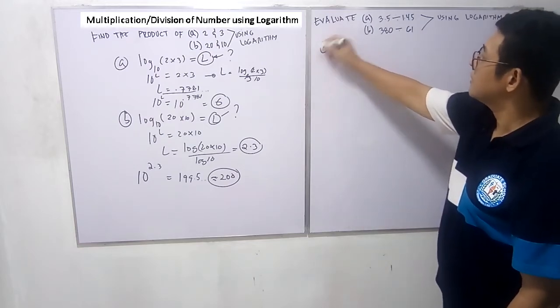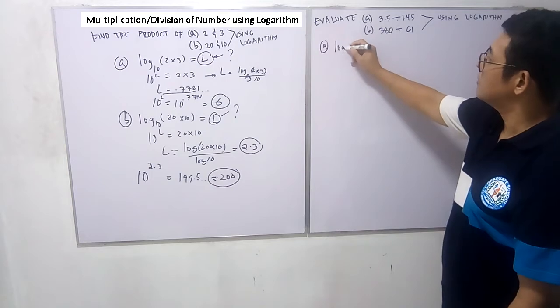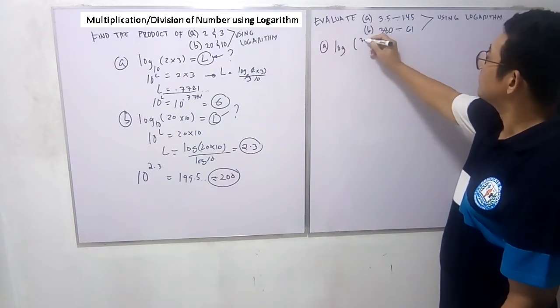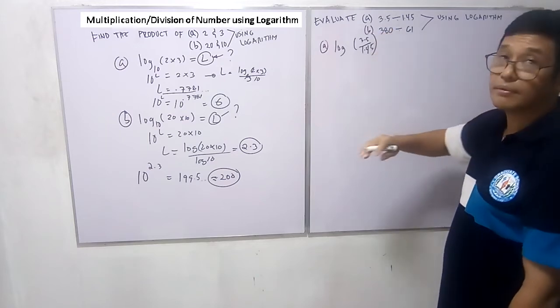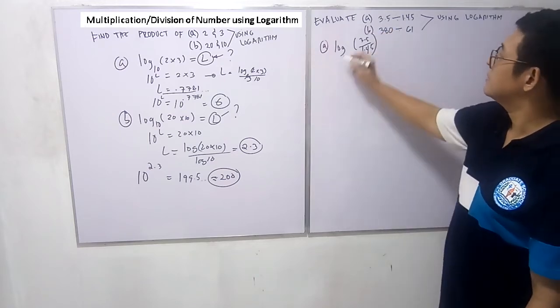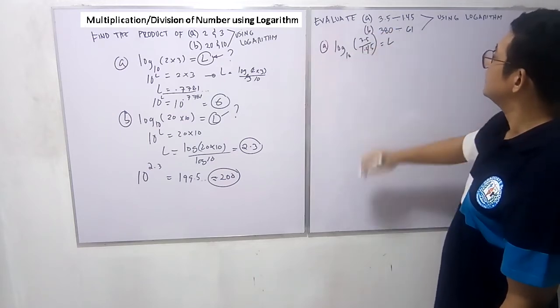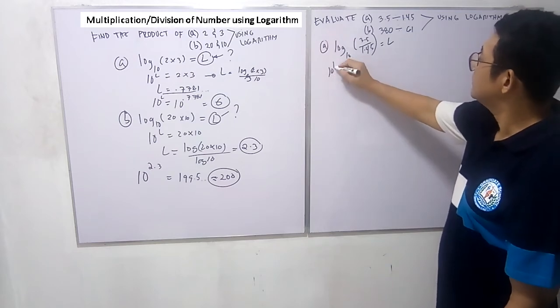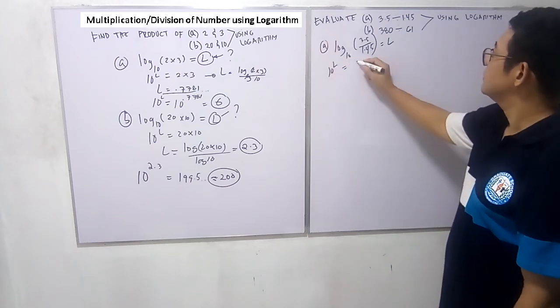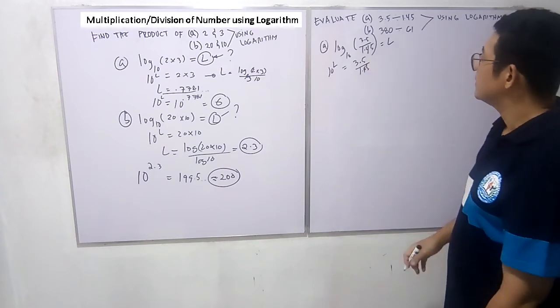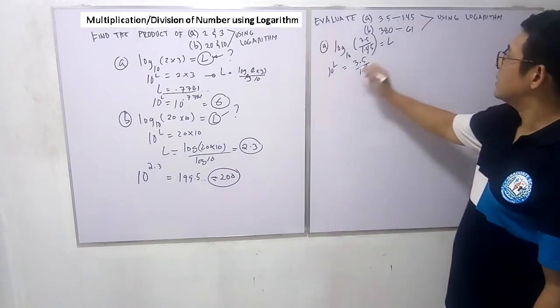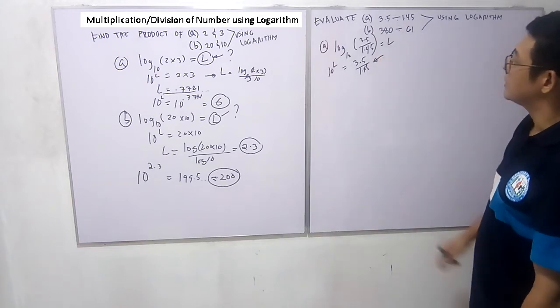Therefore, letter A, pag solve natin, log of 3.5 over 1.45. So, yung anti-logarithm, same na same din naman. 10 to the L equals to 3.5 over 1.45. Therefore, para bumaba siya, apply natin ang common logarithm.